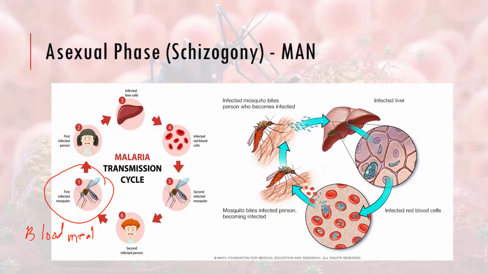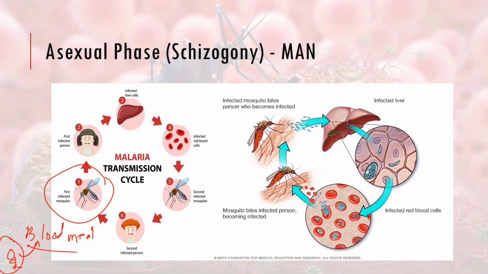Why infected mosquito? Because it had a blood meal from an infected individual. It got the blood from a patient with malaria infection.